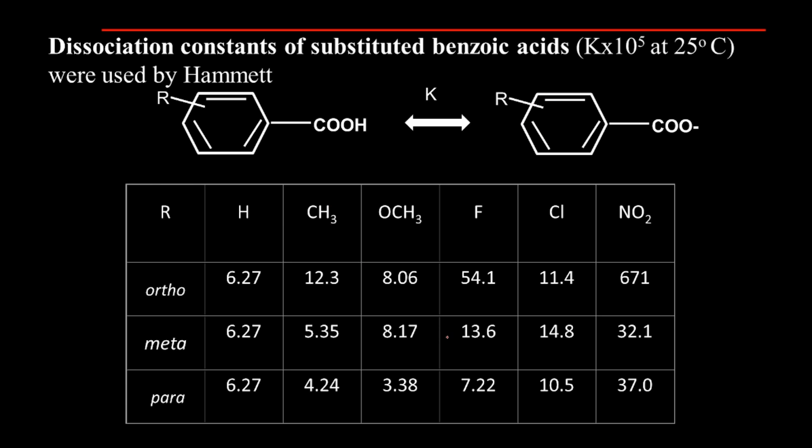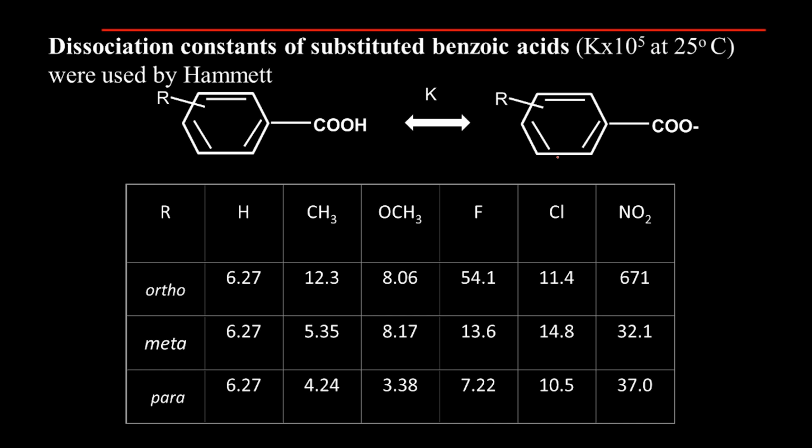That's what this table gives. As you can see, fluorine in the ortho position has a very high dissociation constant, whereas when you go down to a CH3 type of group in the para position, you can have a very low dissociation constant. So depending upon the position and the type of group, you can have different dissociation constants.